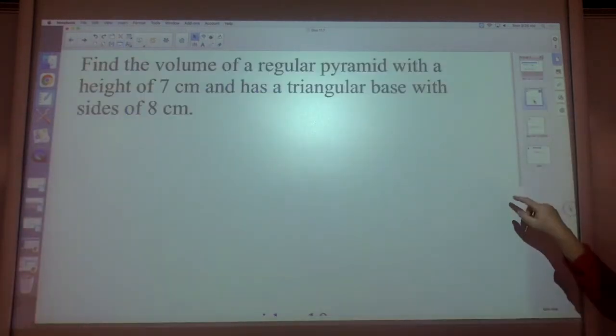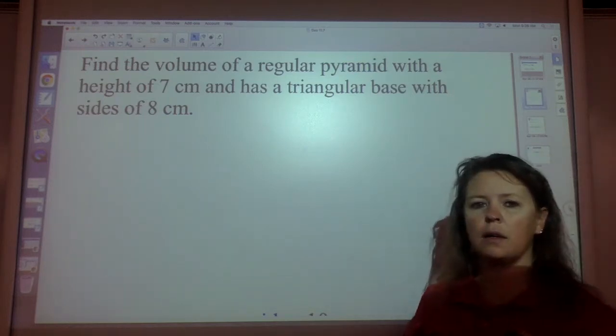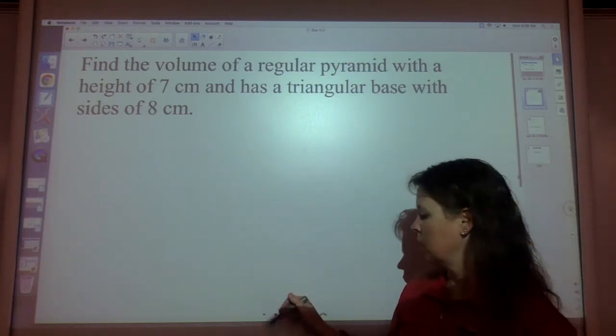Let's take a look. Practice some. Find the volume of a regular pyramid with a height of 7 centimeters that has a triangular base with sides of 8. Triangular base with sides of 8, we can assume then that it's a regular equilateral triangle if they don't tell us anything different. You don't have to draw the entire pyramid.